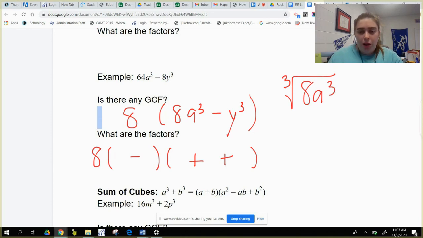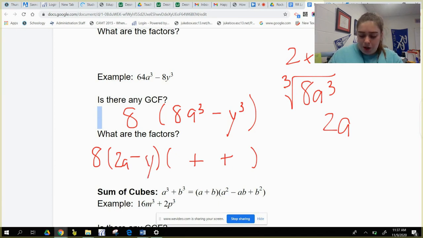We know that if we take the cube root of a cubed, that's just a, right? But what about 8? Think about what number we could multiply three times to get 8. We're going to multiply 2 three times to get 8, because 2 times 2 is 4, and then 4 times 2 is 8. So that would be the cube root of 8. Okay, so that first term is going to be 2a. And then our last term is just y cubed. So take the cube root of that, that's just y.